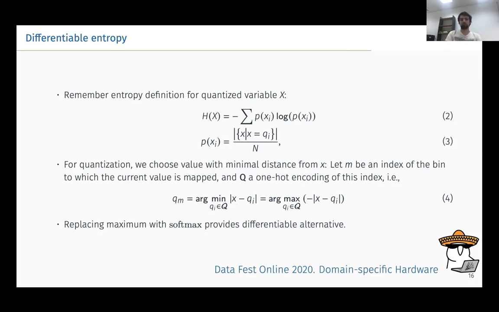If you remember, the entropy definition is minus sum of p times log p. And in our case, the probability is the amount of X quantized to this particular value. So we talk about quantization. If we take 8 bits, for each of 256 values, we check how often it appears.